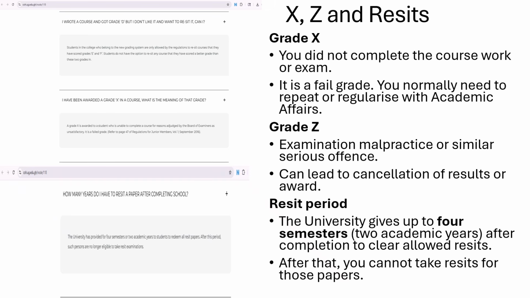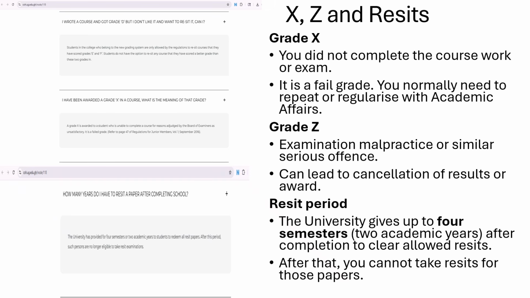The answer is no, because you can write a reset for an E and an F, but not a D or a C. If you open your STS portal, you will not see the D or the C appear there as a reset. But if it's an E or an F, you see it appear on your STS portal as a reset.